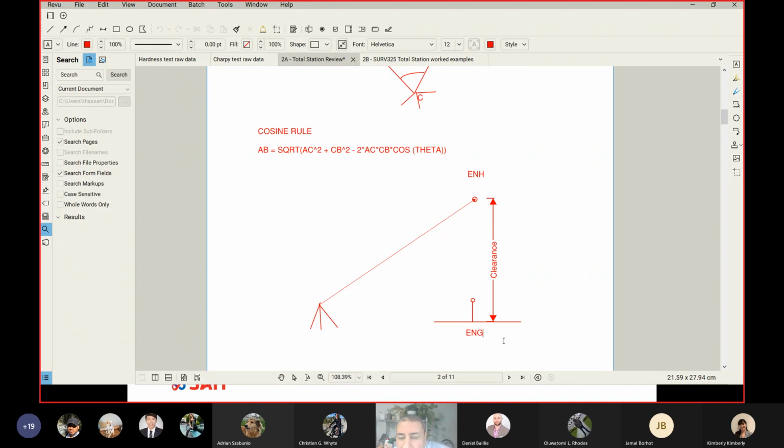Finally, if you know the elevation of the cable and the elevation of the ground, then this will be your delta H. Let's say this is E1, N1, H1, and this one is E2, N2, and then finally H2, then your H1 minus H2 will give you the clearance.